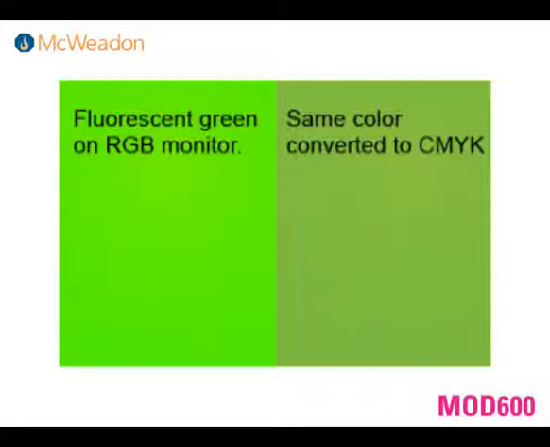When you're dealing with ink, you're limited to the colors that you can physically mix together with those inks. And so you may see something like a fluorescent green is a good example on your computer monitor.